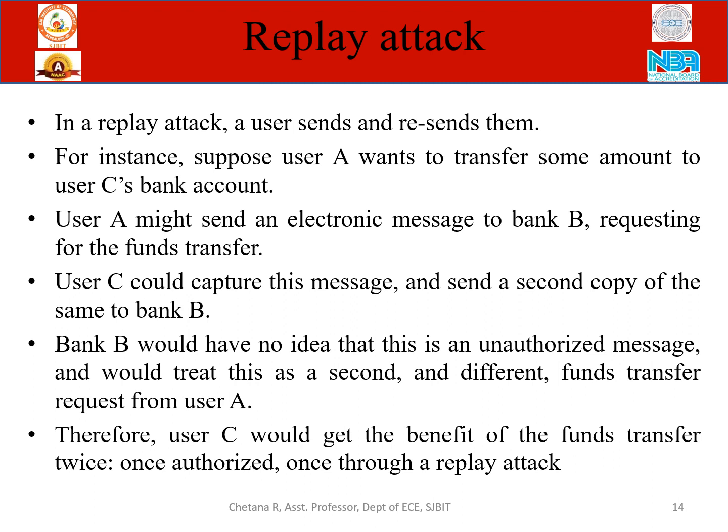Again and again the same message is sent, and therefore C would benefit by receiving twice the amount rather than once, and A would be at a loss. So replay attack is sending the same message again and again. Here no modification is done, but what if modification is also there? That will also not be known at all.